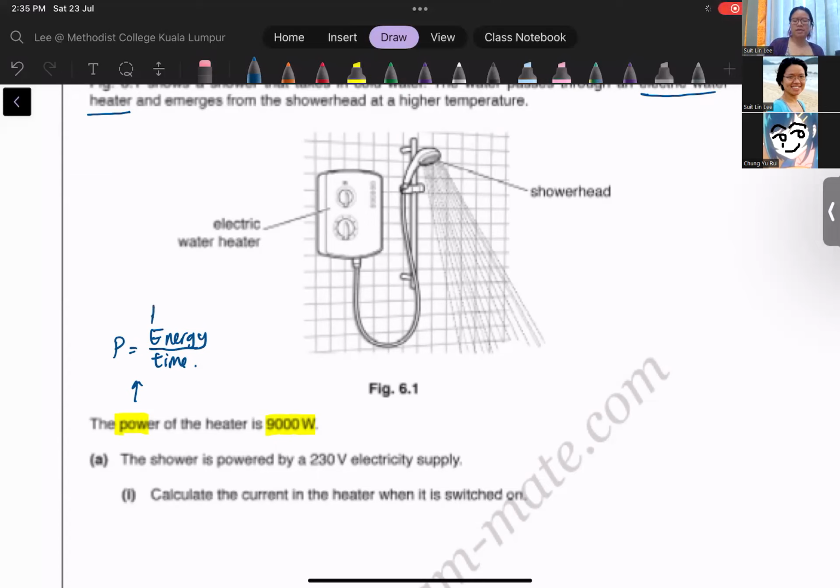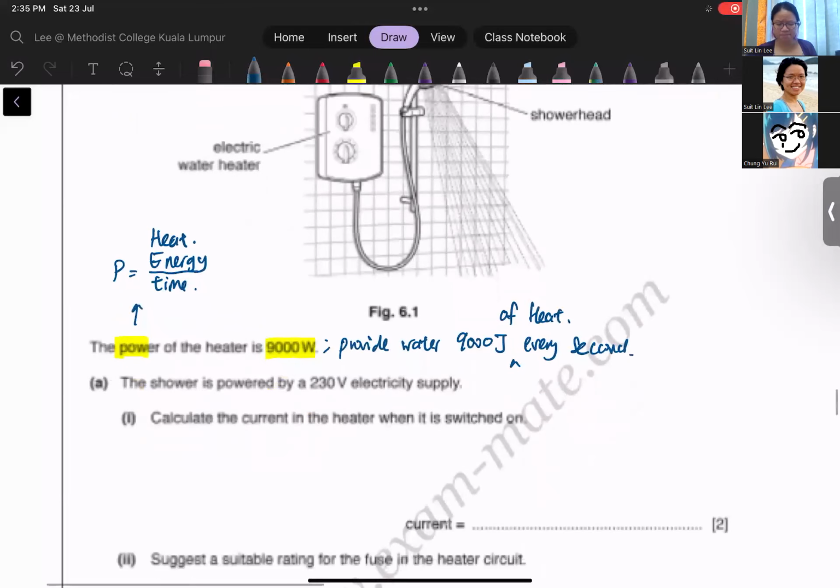So currently, this is obviously heat energy. There's no kinetic energy, nothing, just heat into the water. So that means the power, this means that the heater is able to provide water 9,000 joule of heat every second. Looks like a lot, right? 9,000 joule of heat every second.